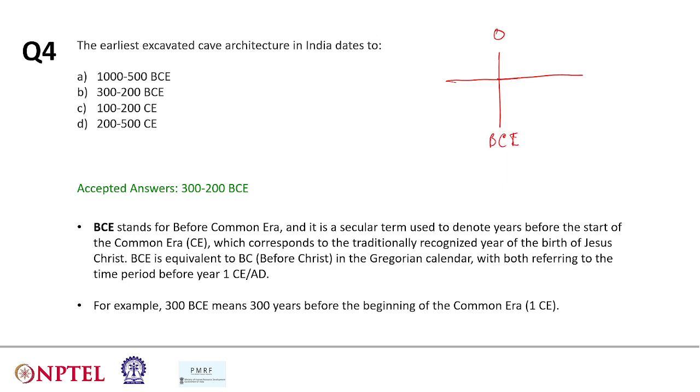So if somebody says 300 BCE, it's basically 300 years before this zero, the Common Era. Anything before this zero refers to before Christ, something like 300 years before the birth of Christ. This is something which refers to the Gregorian calendar as well.